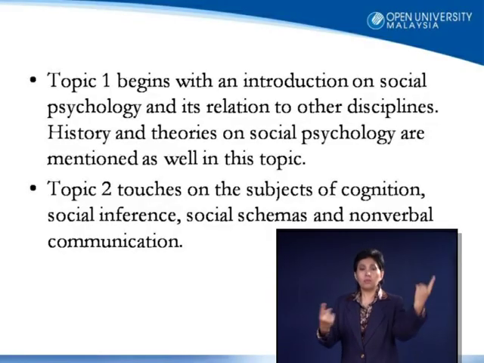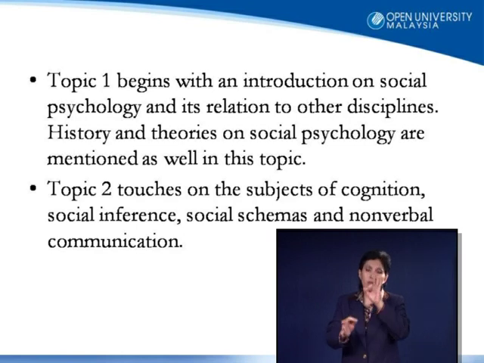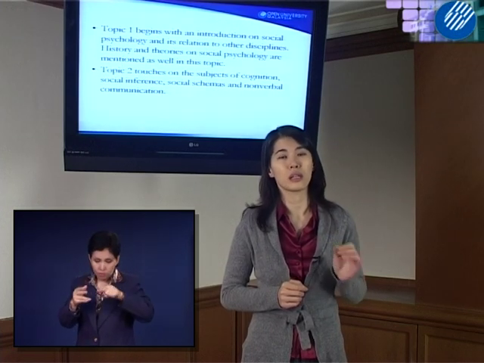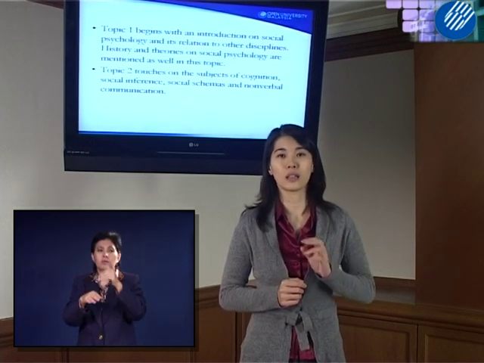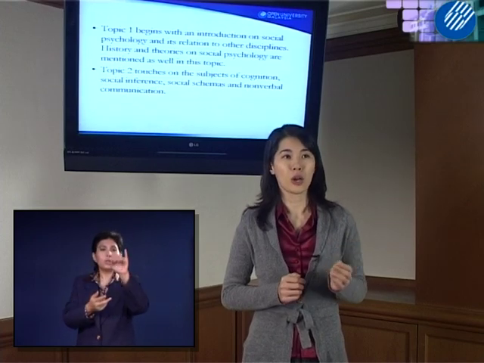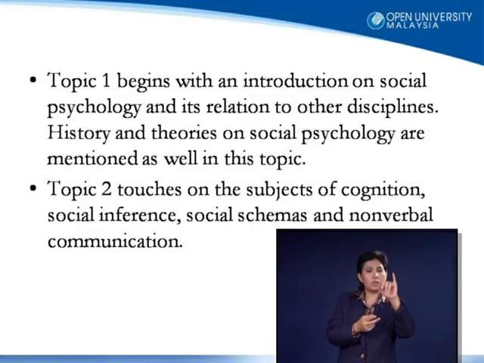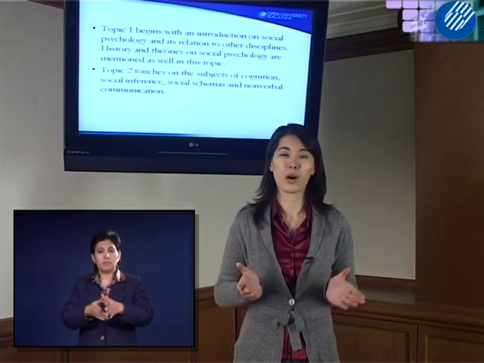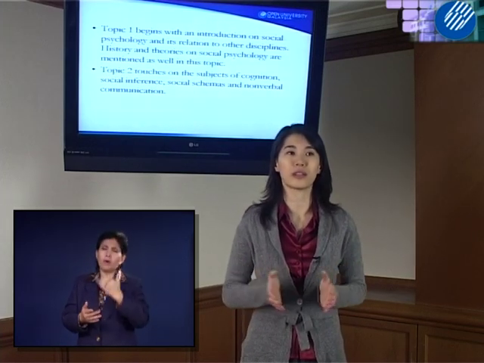Today we'll go through two topics, topic 1 and topic 2. If you refer to the OUM course guide, you see the two topics inside, and in the textbook they are Unit 1 and Unit 2. Topic 1 begins with an introduction on what social psychology is and its relation to other disciplines. People often ask why social psychology is so different.